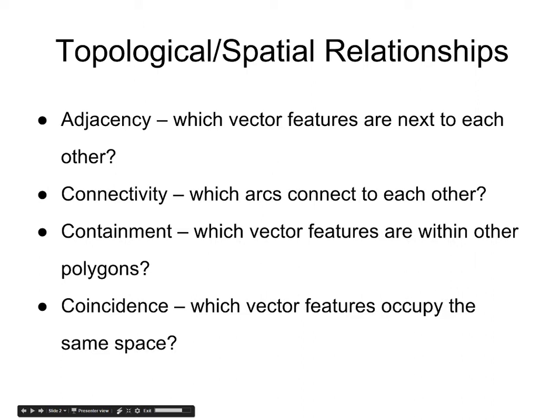So you'll see these basic types of spatial relationships expanded on in many different topology rules that are available through geodatabase topology. So topology is important for a couple of big reasons that we'll get to soon.